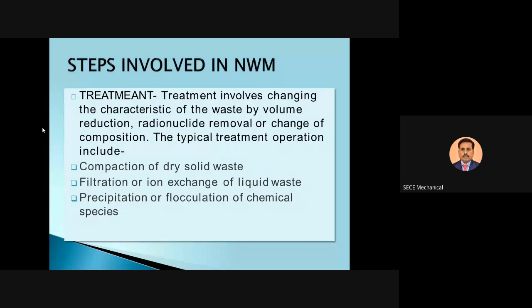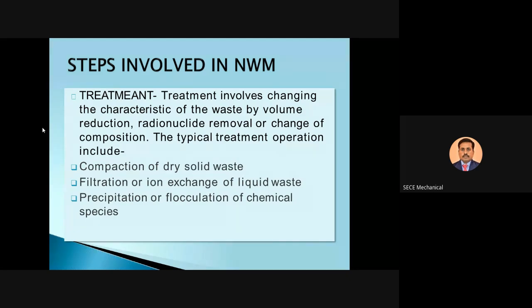Second step is treatment. So what is treatment? Treatment is the second step. It involves changing the characteristics of the waste by volume reduction. So that is very important. If a huge amount of waste is converted into a small quantity, that is called volume reduction.